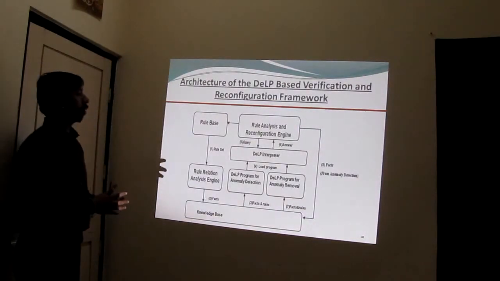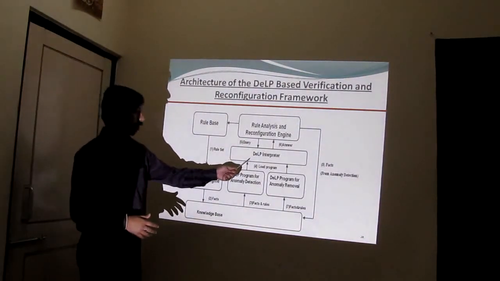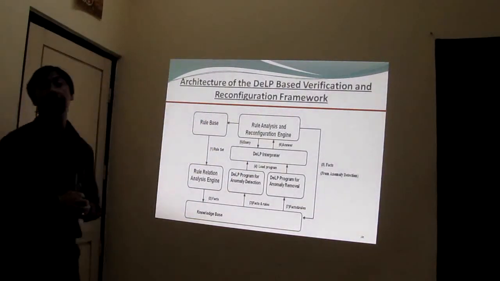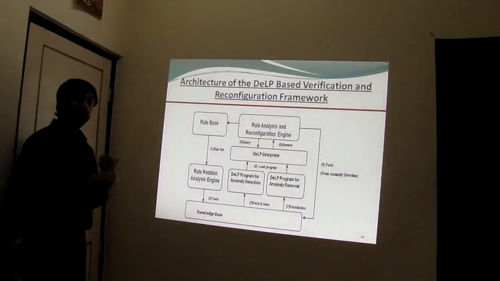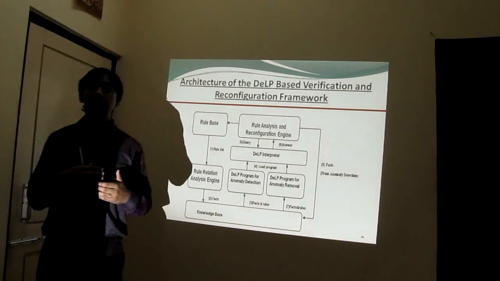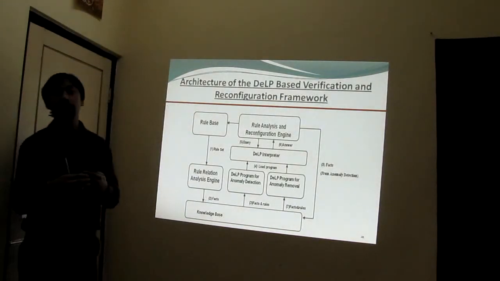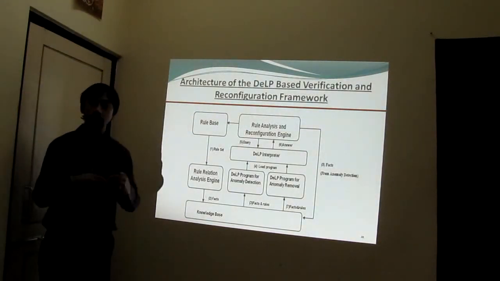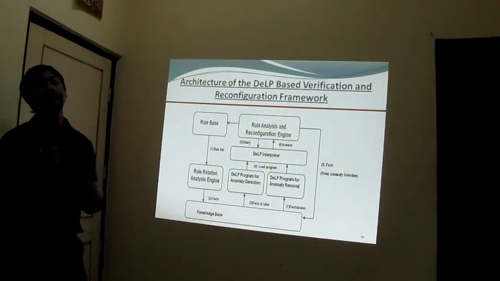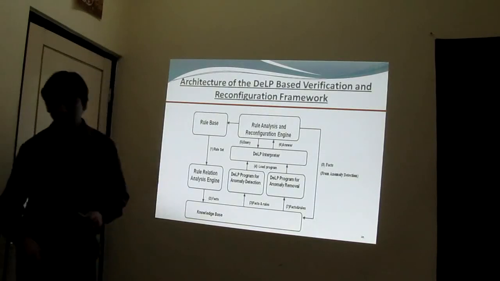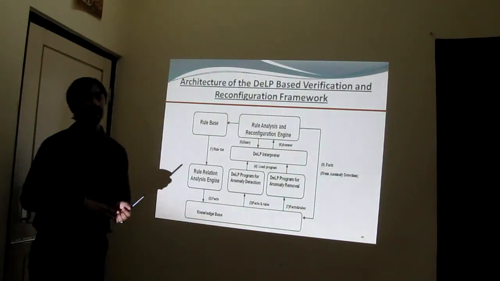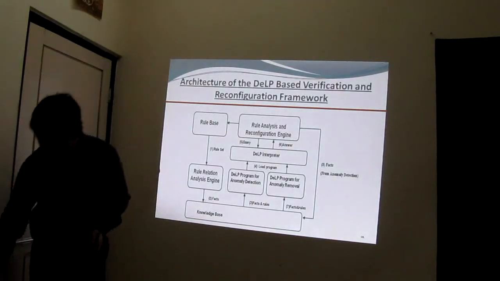This is loaded in the interpreter, and again the rule analysis and reconfiguration engine tries to find the different configuration mechanisms to reconfigure the firewall and provide us an anomaly-free rule set. So this is the architecture for the DLP-based verification and reconfiguration of firewall rule sets.